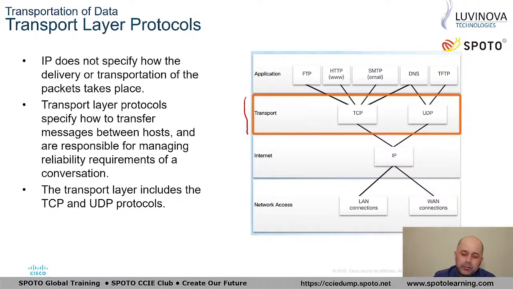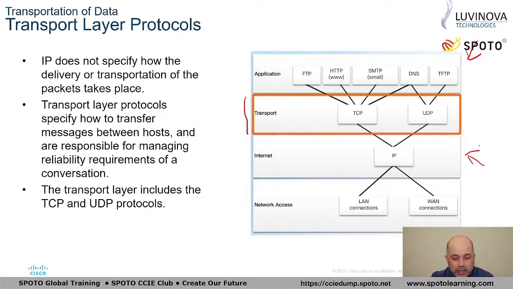As you can see here on the picture, the layer above also has protocols and the bottom layer also has protocols, which means that every single layer of the TCP/IP model or the OSI model has its own meaning to work and its own protocols.